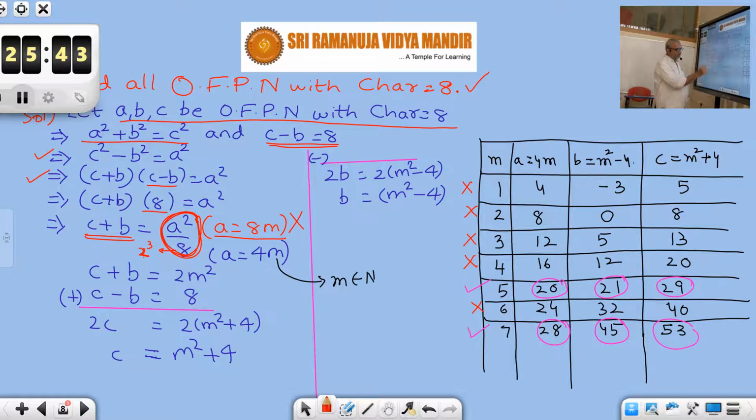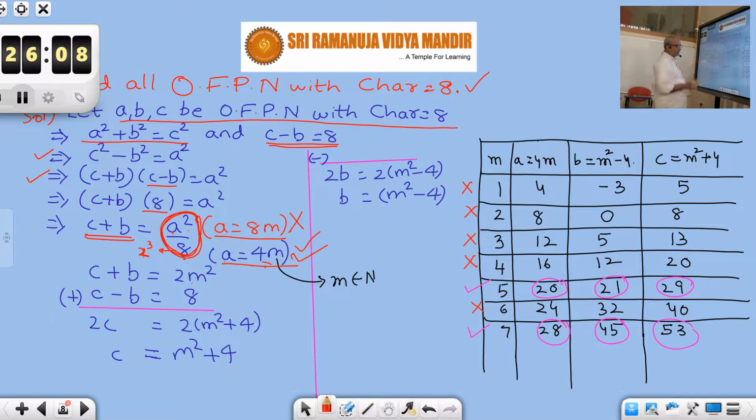So A is equal to 2 square into m, that is 4m, which is correct. If A is equal to 4m, A square is equal to 16m square, and 16m square by 8 is equal to 2m square. The denominator 8 gets cancelled. So A need not be 8m, it can be 4m also.